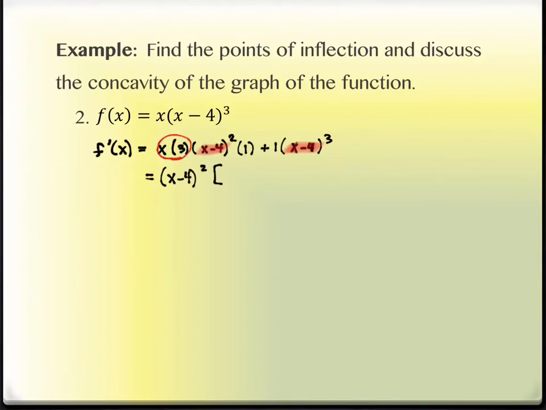So namely, here, I'm left with a 3x. And what am I left with over here? An x minus 4. So right after the 3x, I have plus x minus 4. And I can clean that up or simplify the part that's in the brackets now and combine like terms. So I have now x minus 4 squared, and I have 4x minus 4.